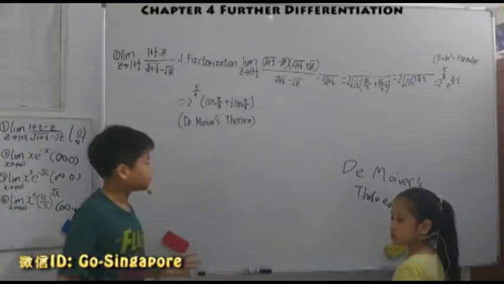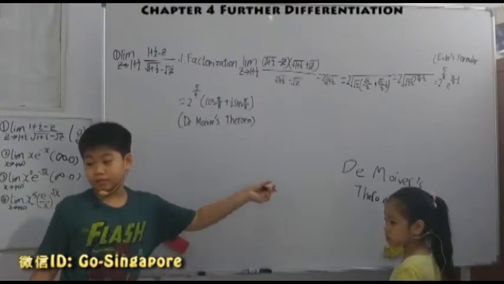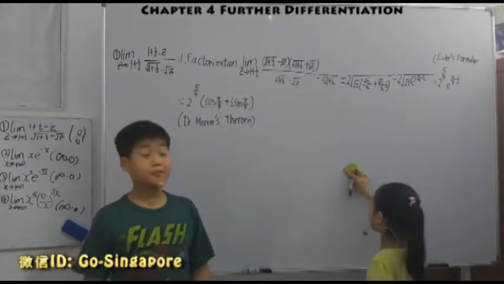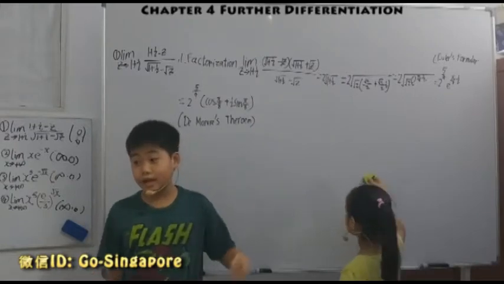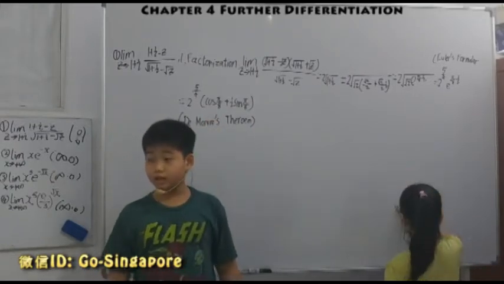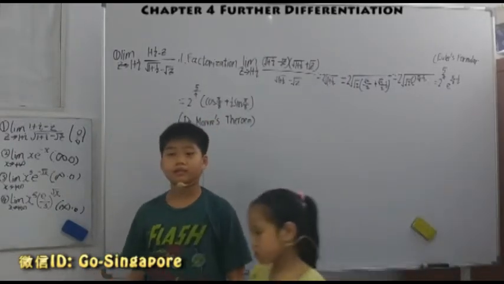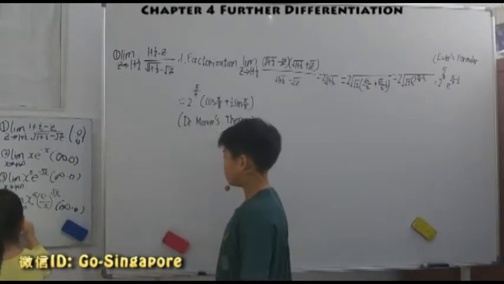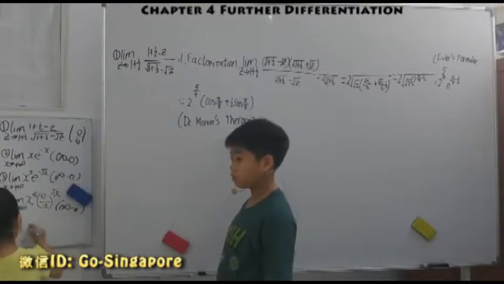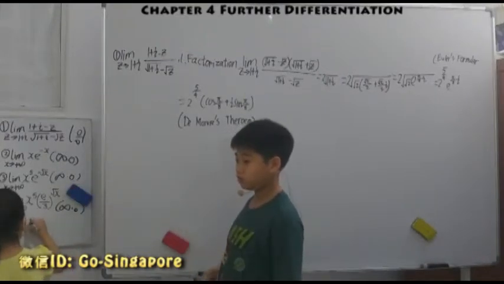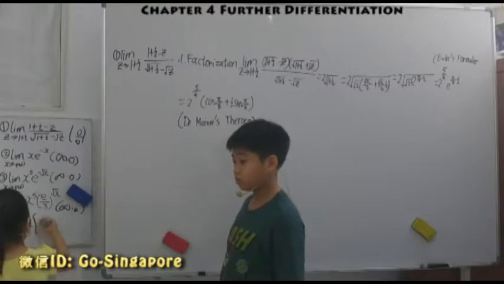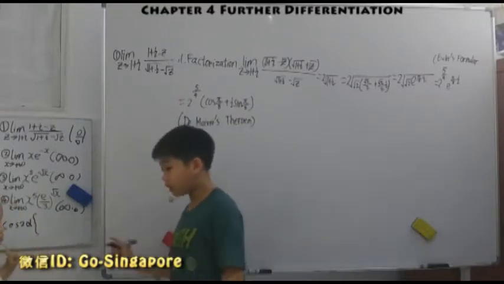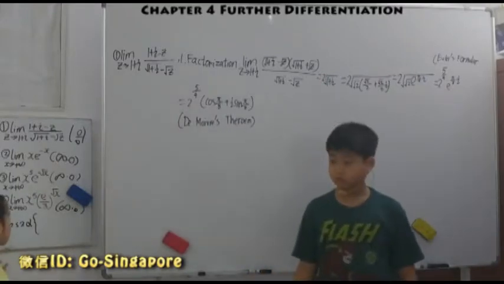Can you write out something? The double angle formula, because we'll be needing it as there is this cosine and this sine. You need to write it out. There are 3 cases.